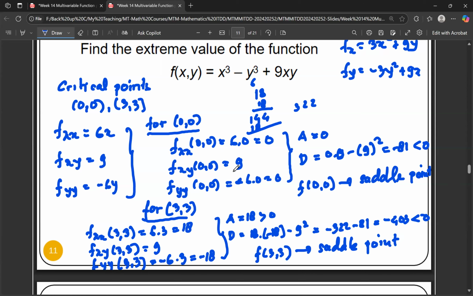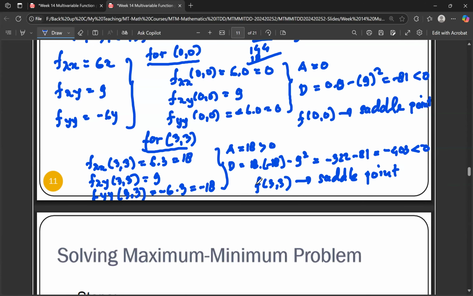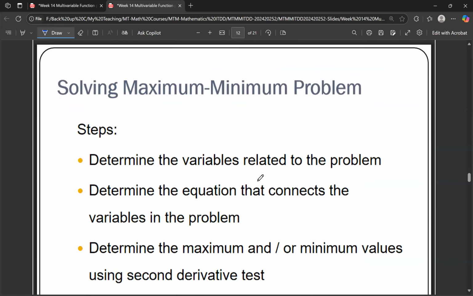In this case, we can say that there is no extreme value, but we find only saddle points.